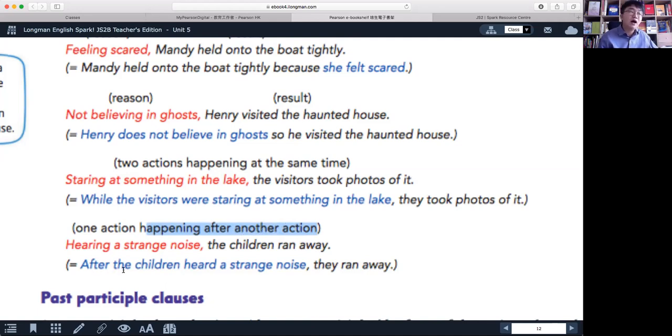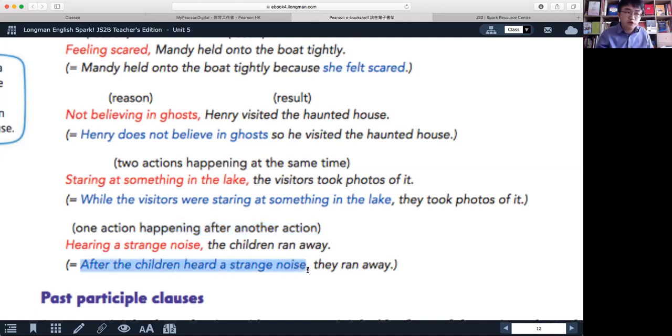Look at here. After the children heard a strange noise. This is the first action. The children heard a strange noise. So what they did after that, they ran away. This is the second action. How do we form a participle clause?